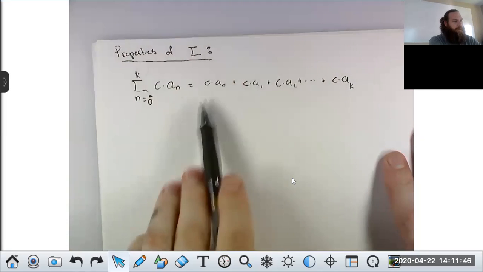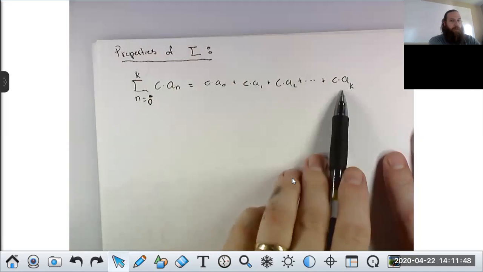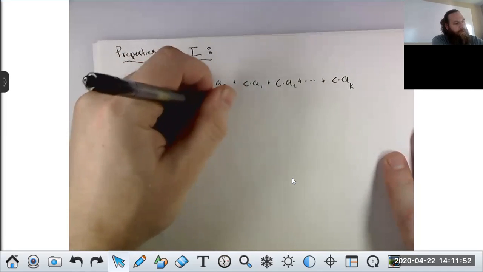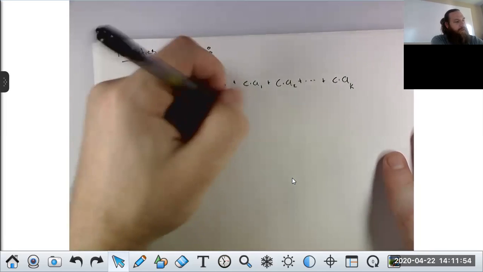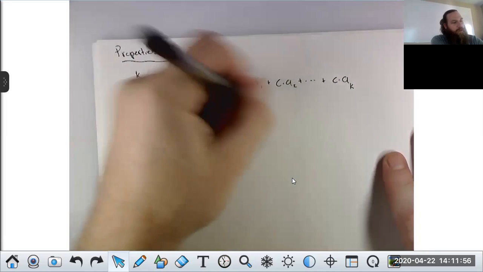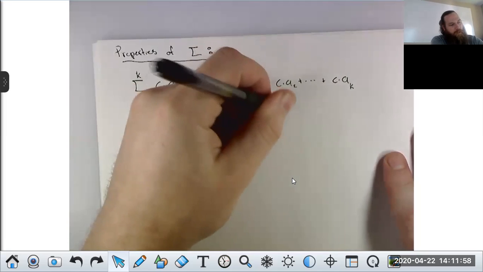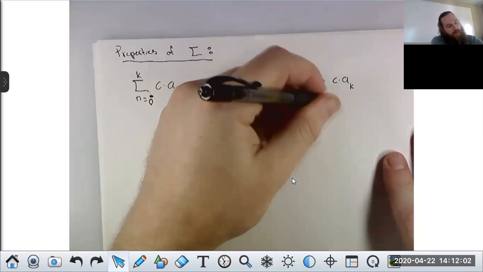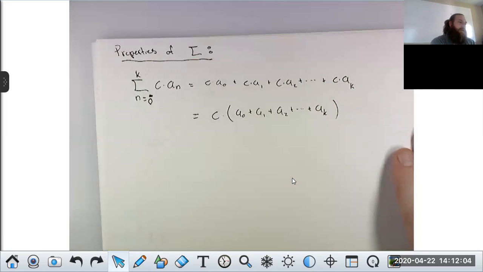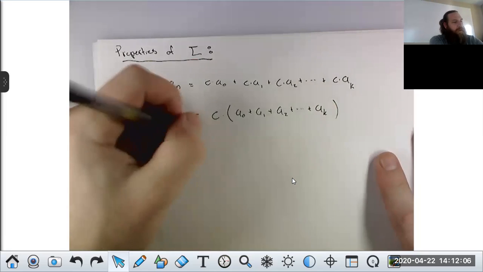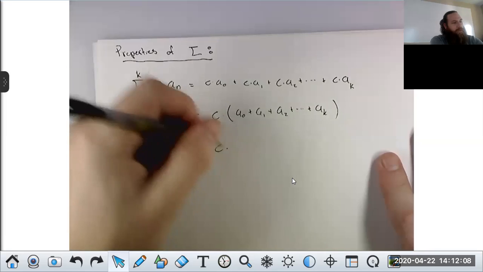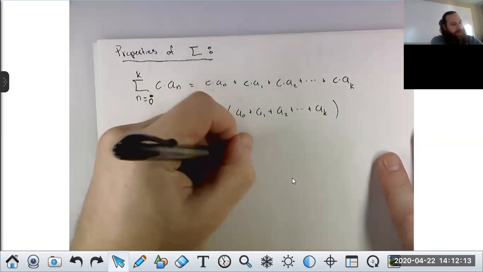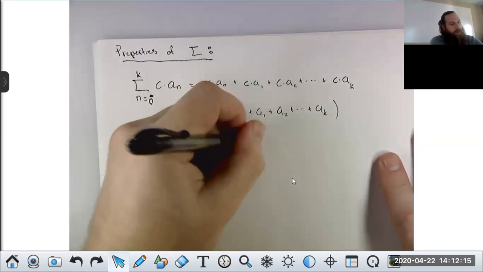Well, this is a constant multiplying every term in a sum. So I can factor that C out. And we actually did this yesterday. And here I get a_0 plus a_1 plus a_2 plus all the way out to a_k. And then finally, this last guy, I can rewrite in summation notation as C times sigma n equals 0 to k of a_n.